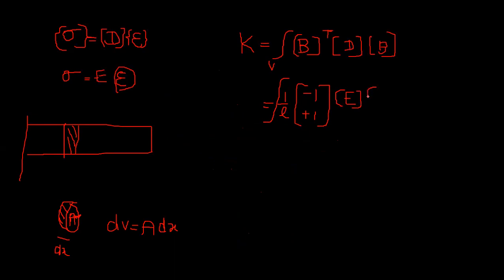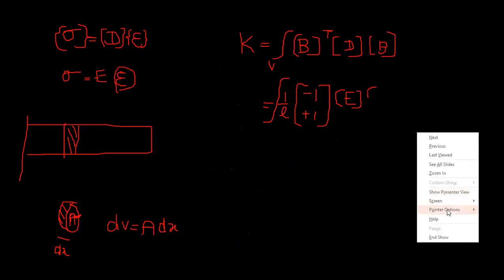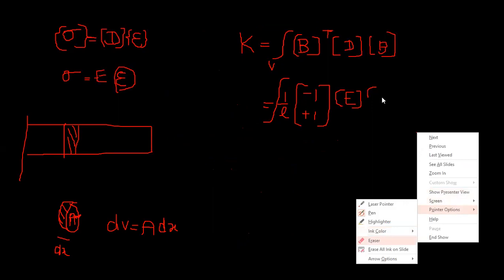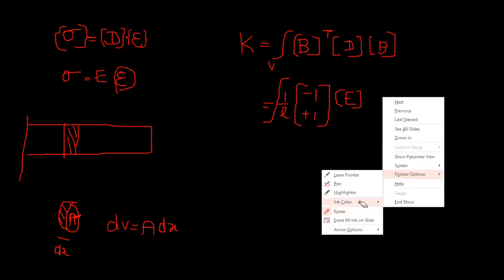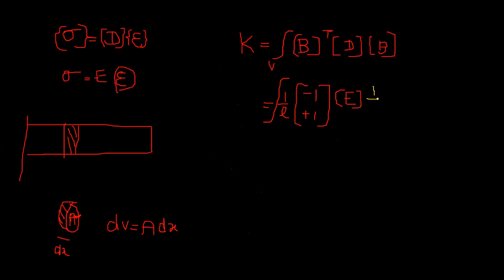So this is going to be again the B matrix, minus 1 plus 1 over L into A dx, right?